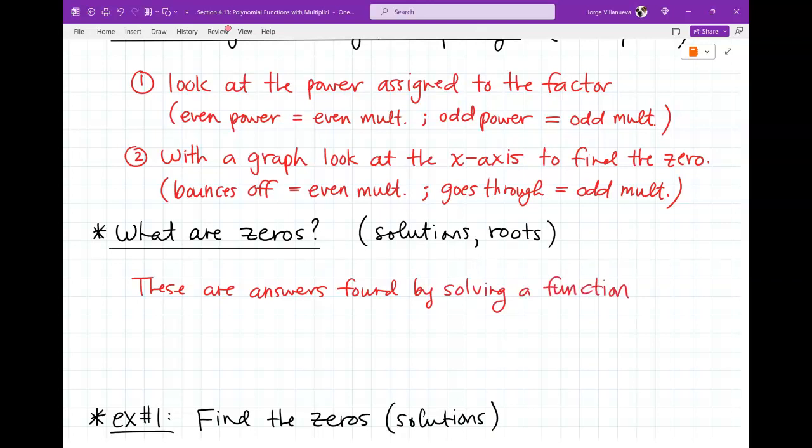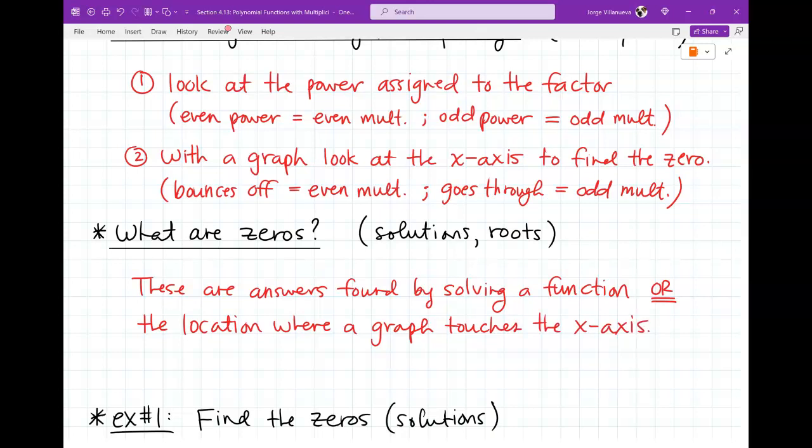Now we're not going to have to do a lot of that today, okay? But we are going to do something to help us solve, but we're not going to solve big functions. These are answers found by solving a function or the location where a graph touches the x-axis.